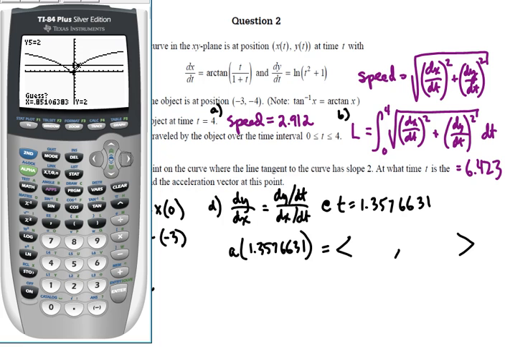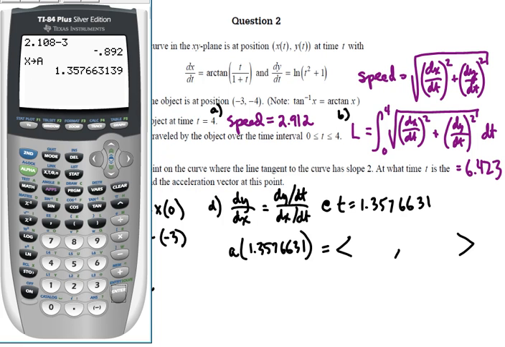I'm going to move close to the point of intersection and guess, and it's at 1.3576631, etc. Notice that value is stored in x, and so if I went out from here now, second quit, and I said x store in A, that value is now stored in A.